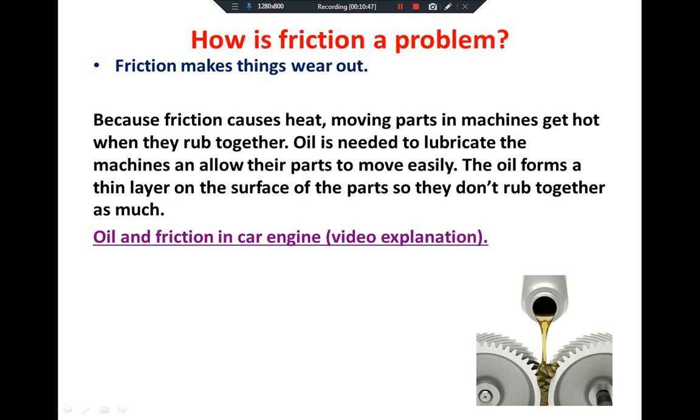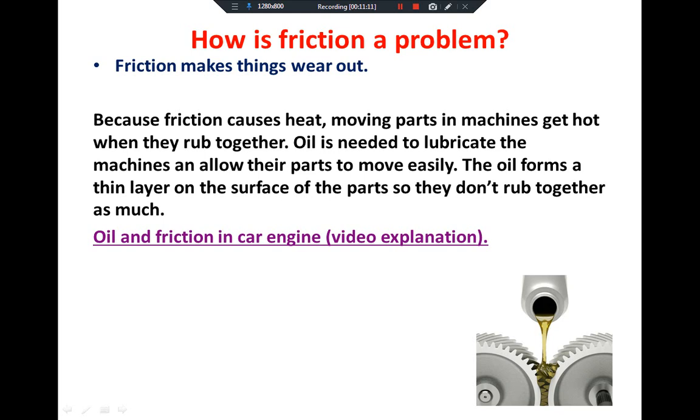So in a car engine, those cylinders and pistons that are moving need oil in order to be lubricated, because there's friction happening in the engine.